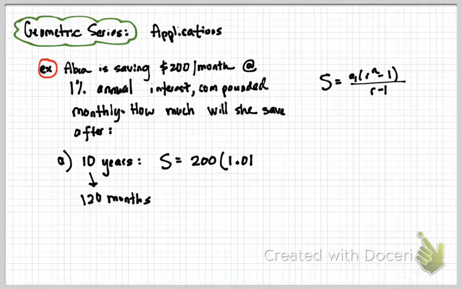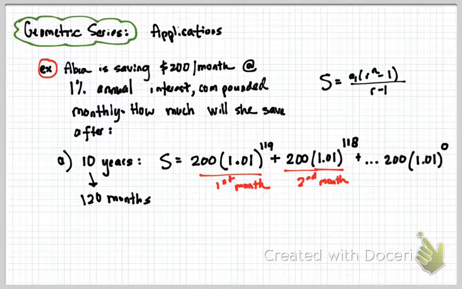But we actually have to multiply it by 1.01. And then we go all the way down. This is your very last month. When you put money in that last month and you take it out, do you get any interest on it? No, that's why you take this to the 0 power. It's just 1. 1 times 200 is just 200. So when you put it in that last month, you're not getting any interest.